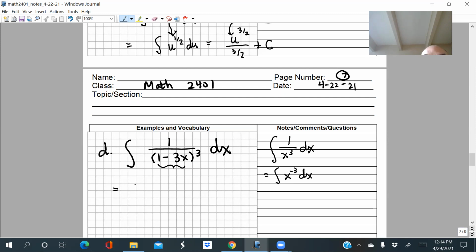Well, so this is going to be a little more complicated, but we're going to start the same way. Let's write the 1 over 1 minus 3x cubed as (1 minus 3x) to the minus 3 power.